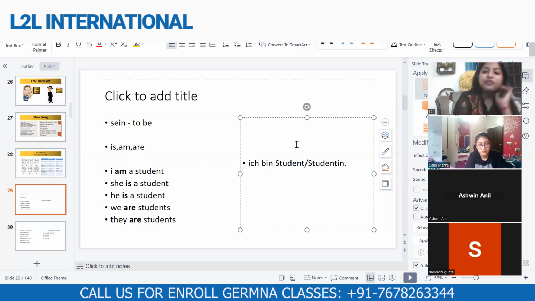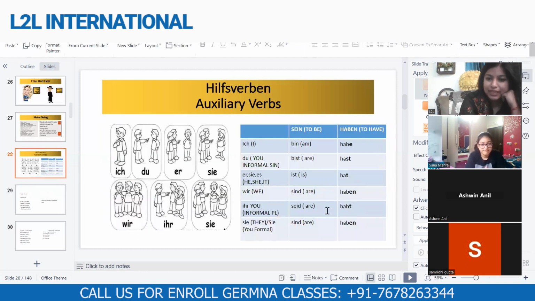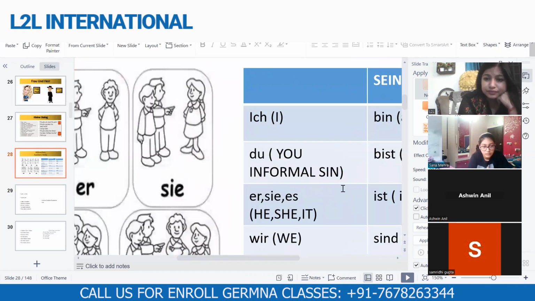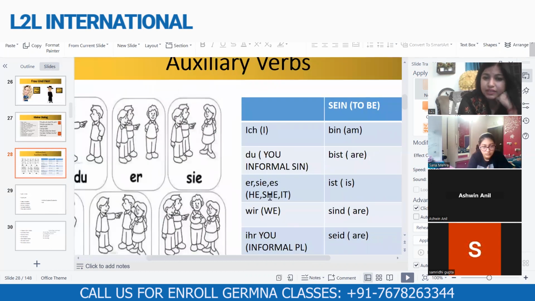Then for she, what is the subject for she in German? Sie. Very good. And now we have to see how the verb is changing with sie. So we'll go back to the page and see what the verb conjugation is for sein. Ist. Very good. You can see here sie, er, es, he, she, it.